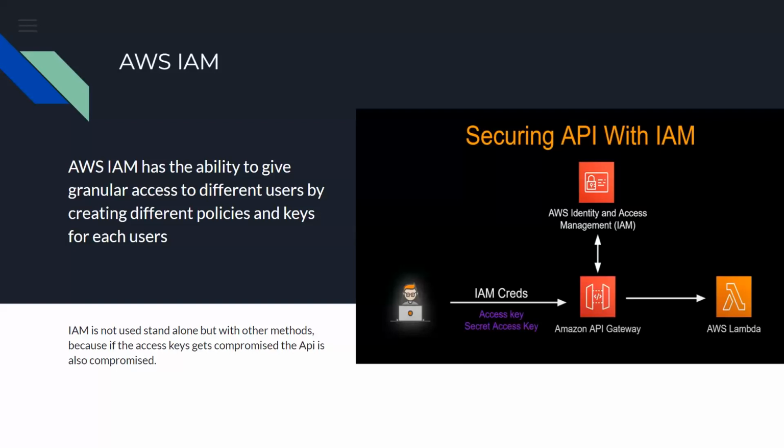You can use AWS IAM to grant granularity, meaning that you can allow only the admin to access the delete function, let's say to delete a product. Other users can only view products, edit products, add to cart, remove from cart and so on. But deleting a product can only be done by an admin.